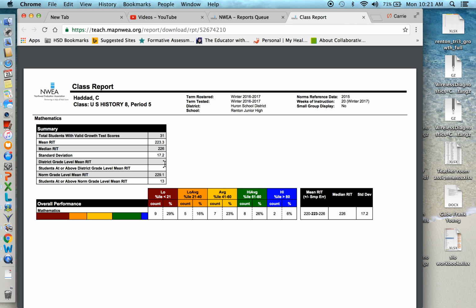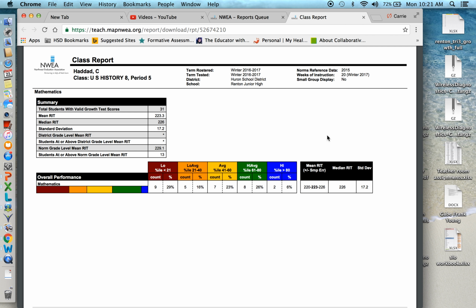We don't have a grade level mean yet, and in this particular class there wasn't anyone above. Now the norm grade level mean at this point in time in the school year should be a 229, and this class is a little bit below that. But there are 13 students that are above. So in mathematics, see how we did in math.